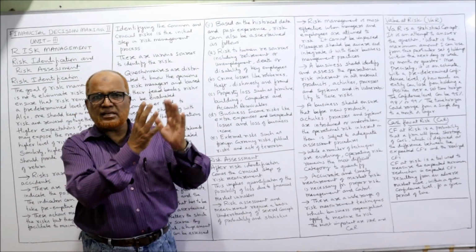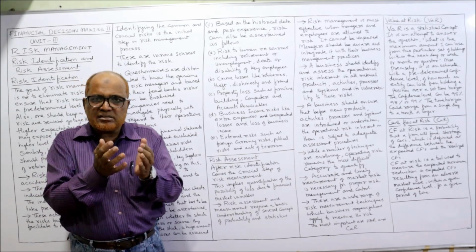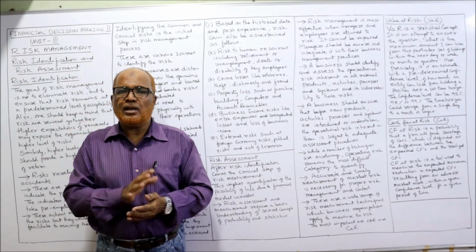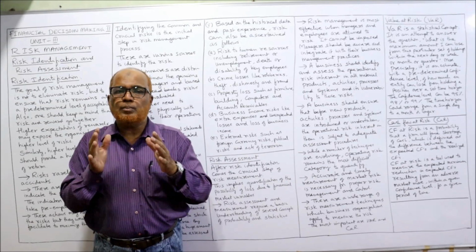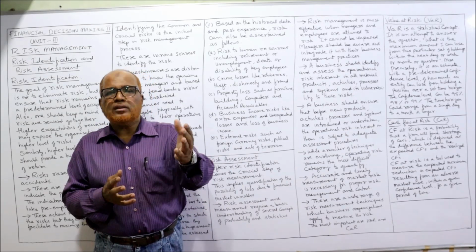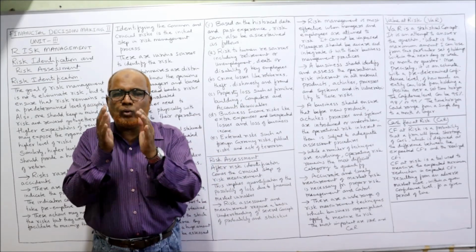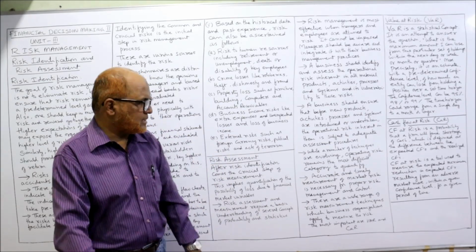All these are external factors which create risk to the business. So this is also very crucial, and every business management has to plan for the consequences of these external risks and how we can combat those risks.